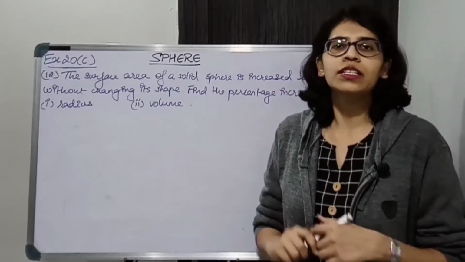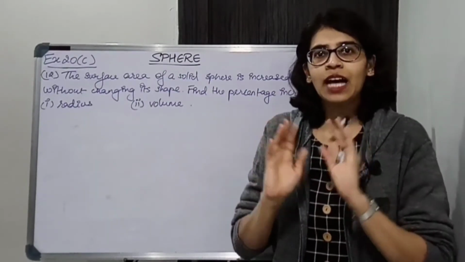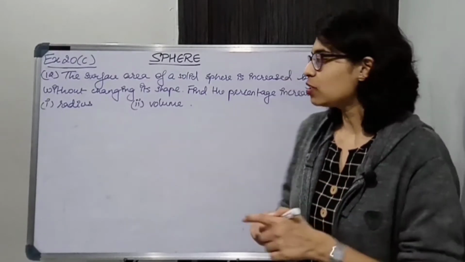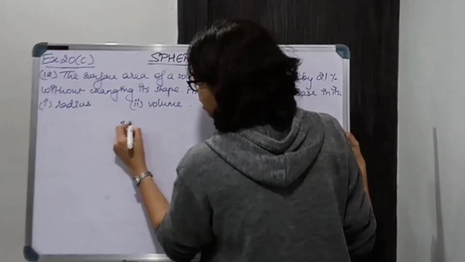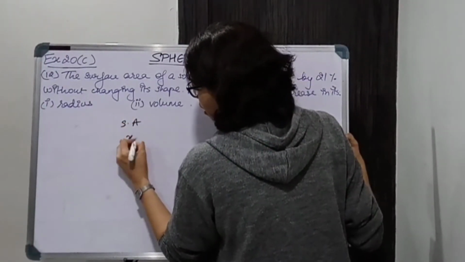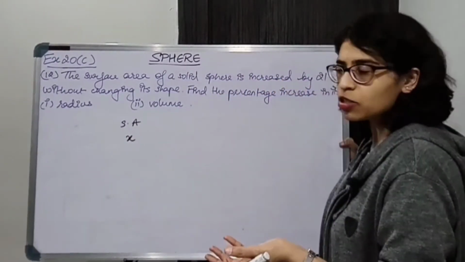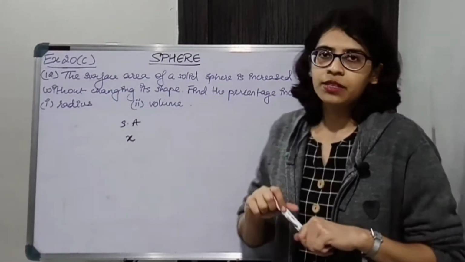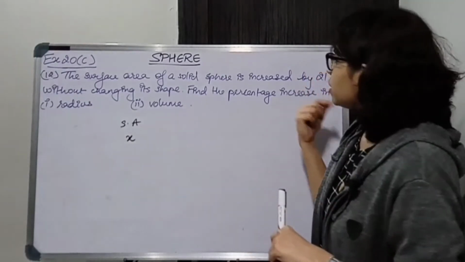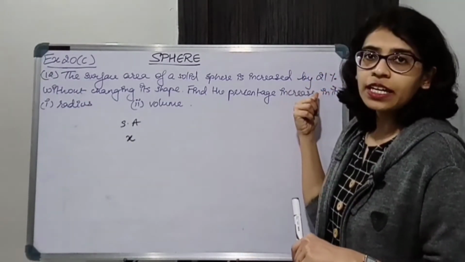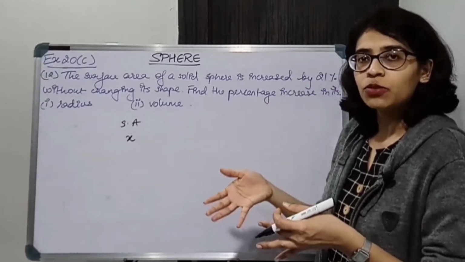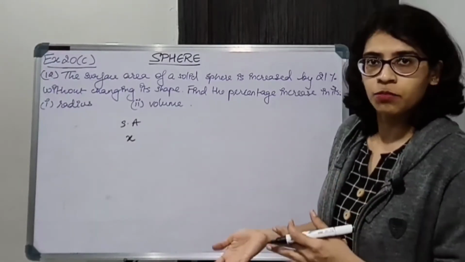So there is some solid sphere, it has some surface area. Let's say its surface area is x. We are just assuming it to be x, and its new surface area is increased by 21%. The new surface area is greater.